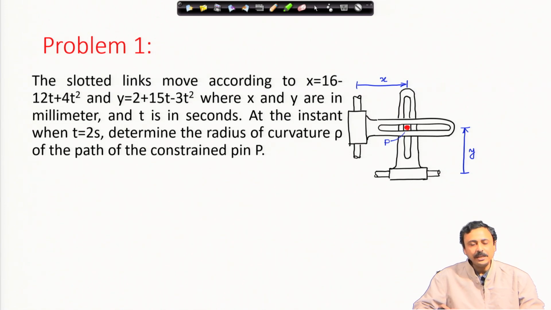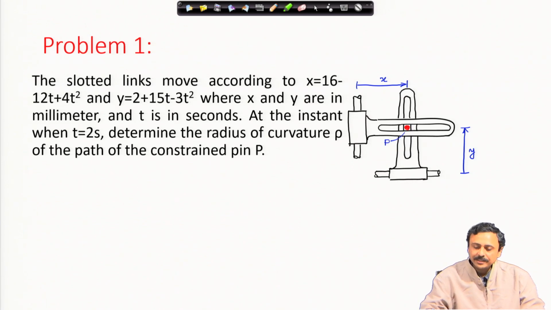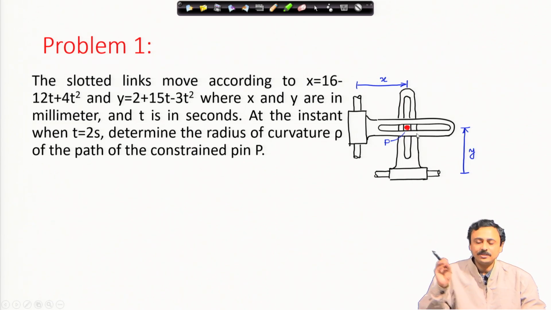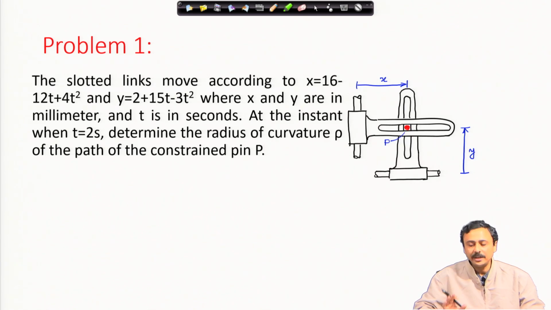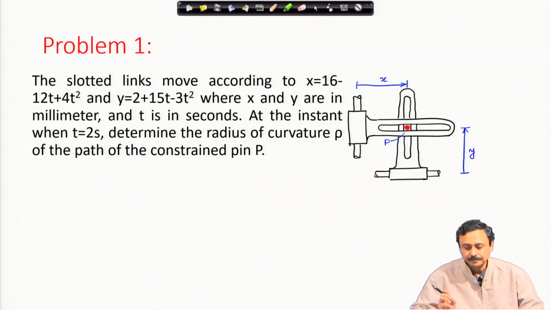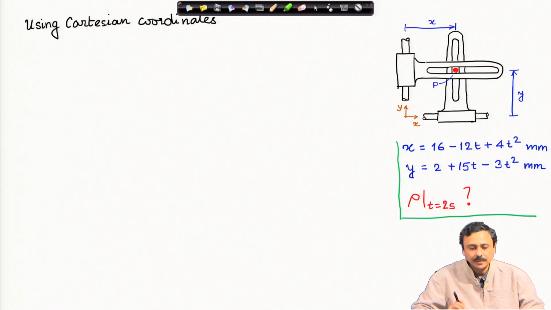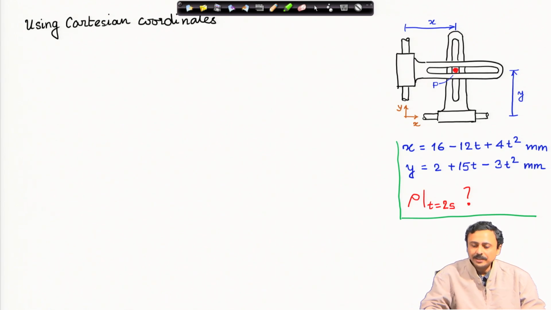At the instant when t is equal to 2 seconds, determine the radius of curvature rho of the path of the constrained pin. So, at the intersection of these two slots, you can see there is a red pin sitting. As you can imagine, this pin will be moving on some path. We have to find out the radius of curvature of the path. Now, here we will use the Cartesian coordinates x, y I have shown here in the figure.